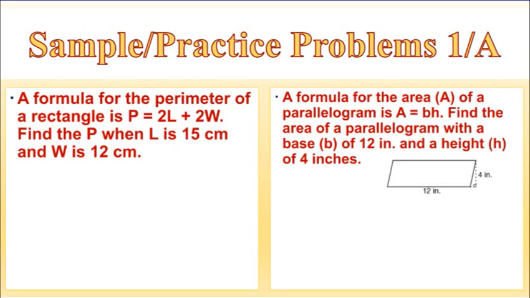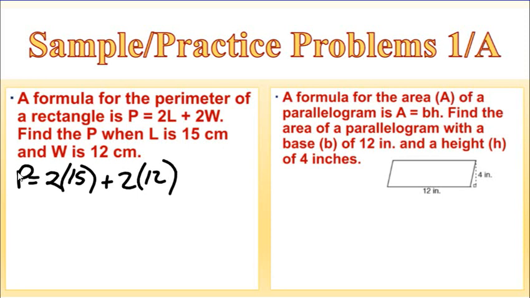So let's take a look at an example. A formula for the perimeter of a rectangle is P equals 2 times the length plus 2 times the width. Find the P when L is 15 centimeters and W is 12 centimeters. Here we're just substituting the numbers in for the variables.